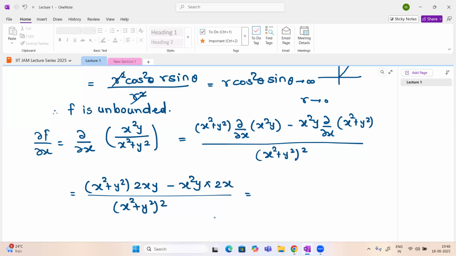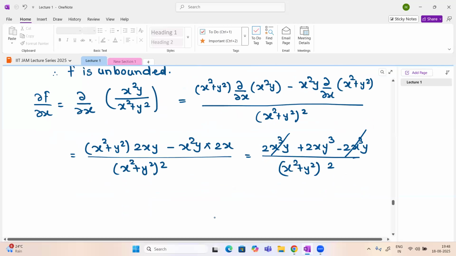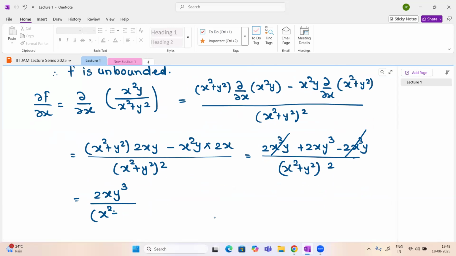Okay, let us multiply: 2x cube y plus 2xy cube minus 2x cube y. Can we cancel anything here? 2x cube y. Exactly. So what is remaining? 2xy cube divided by x square plus y square whole square. Agree?